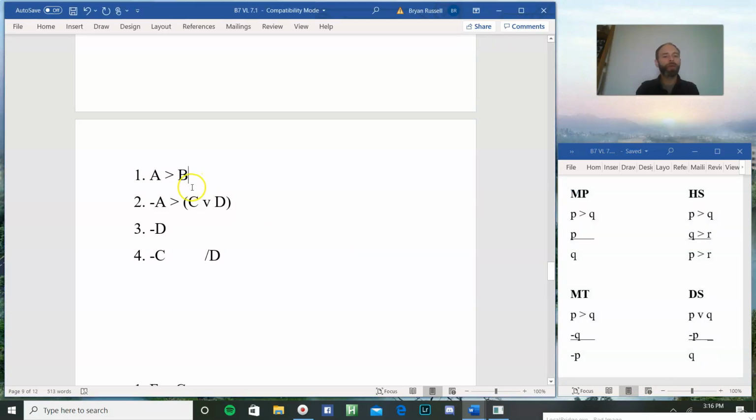So we have if A, then B, and if not A, then C or D. We have not D and not C, and what we're trying to get is D. Let me double check that I got this one down right.